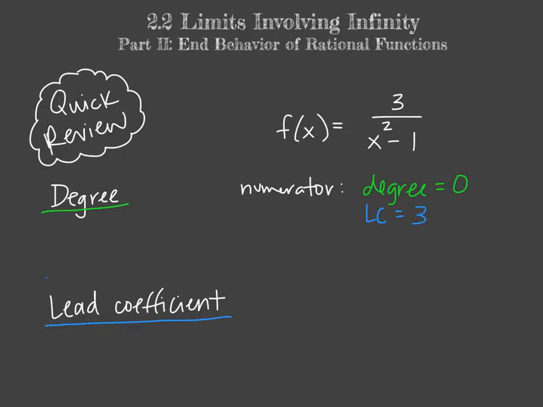Now for our denominator, our degree in the denominator is 2, since it's a quadratic down there, and the lead coefficient is the number out in front of that, which is just a 1. So when we do have fractions, which we will have for rational functions, we will split it up by finding the degree and lead coefficient of both the numerator and the denominator. So that is our quick review. Let's get into the rules for end behavior of rational functions.